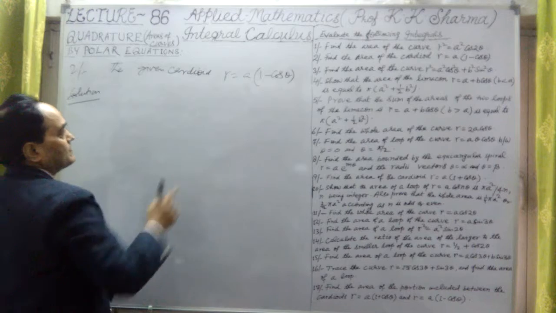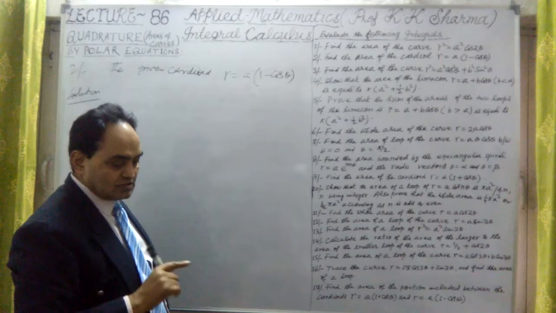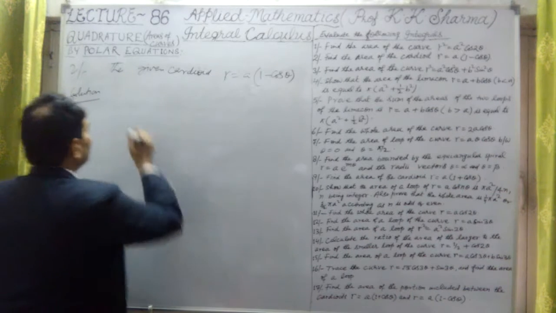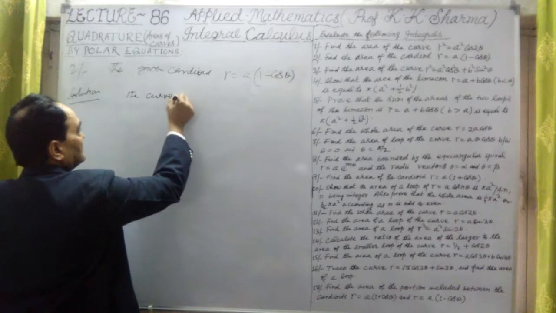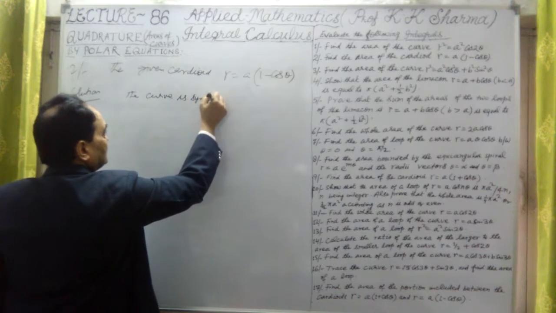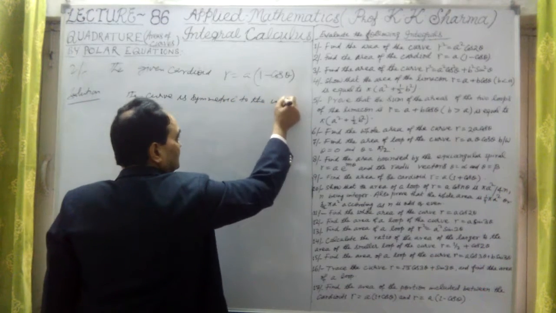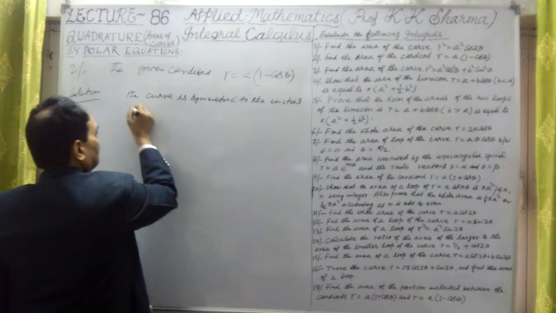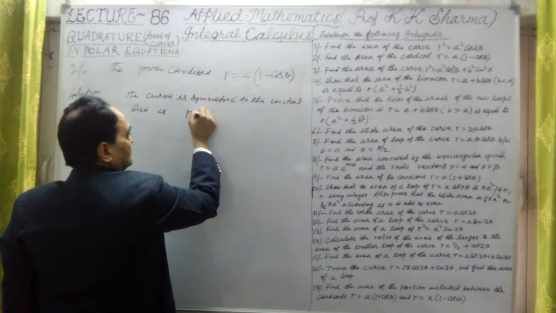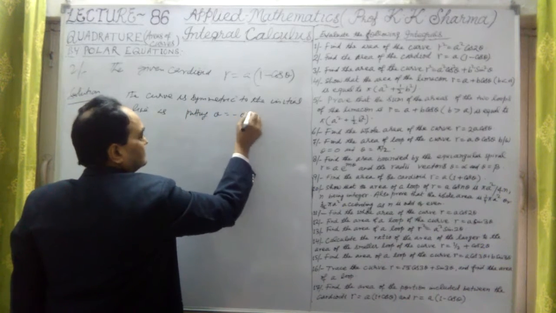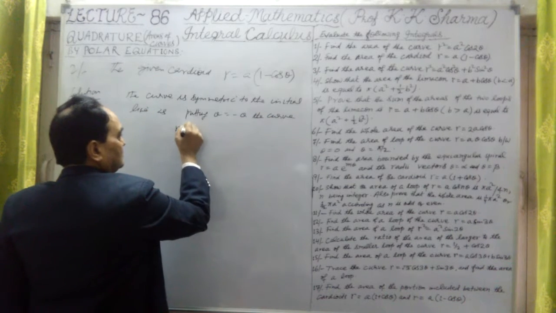So the curve is symmetric to the initial line, as putting theta equal to minus theta, the curve does not change. The curve remains unchanged.